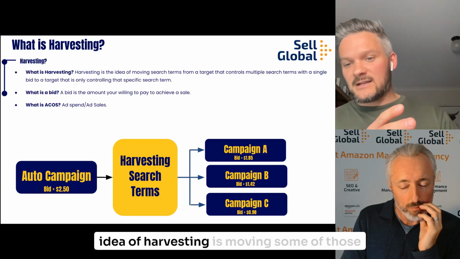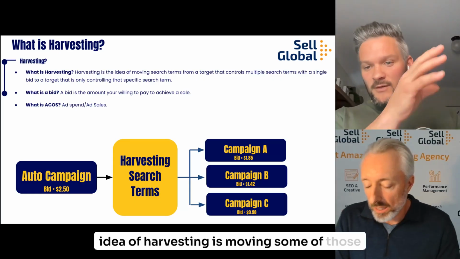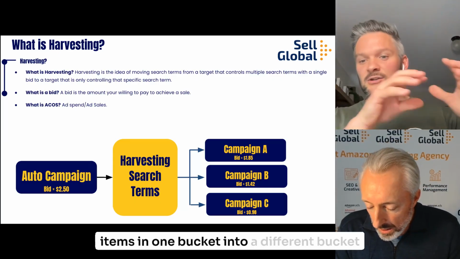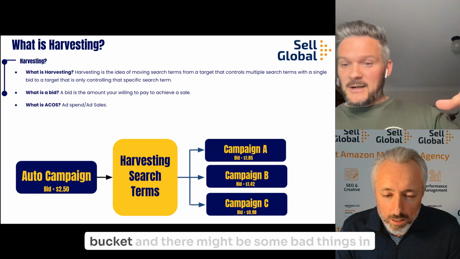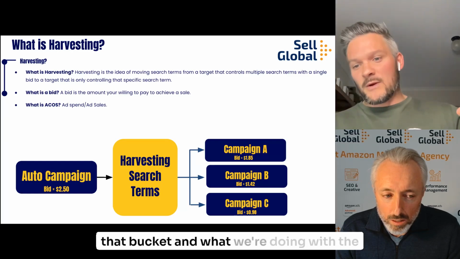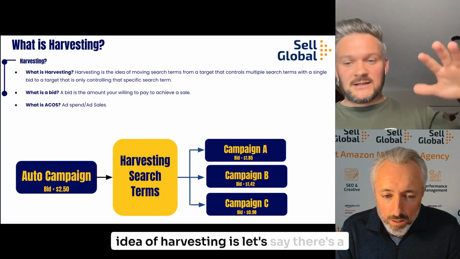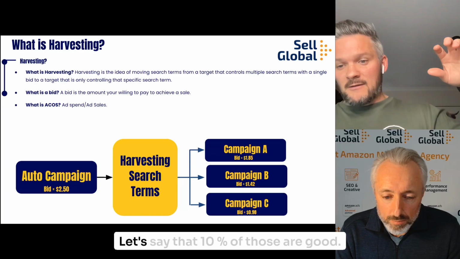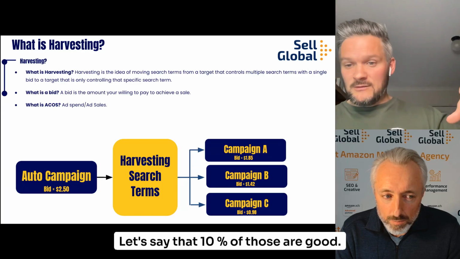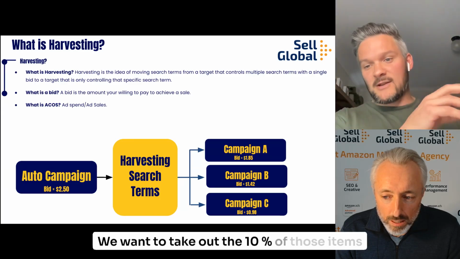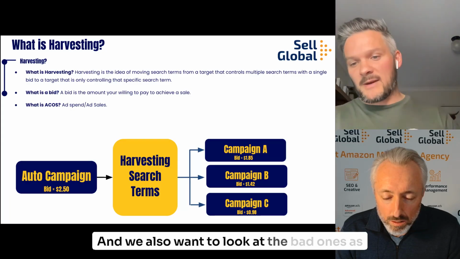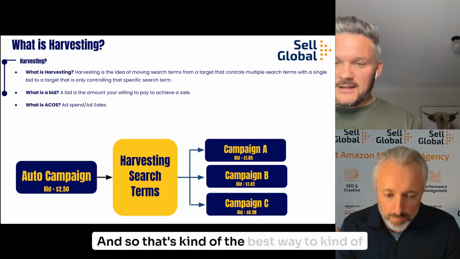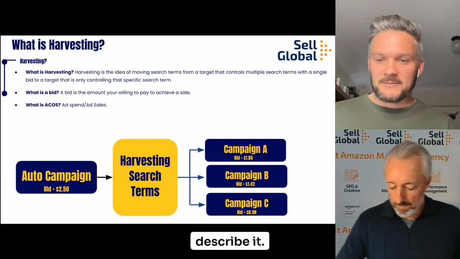And the idea of harvesting is moving some of those items in one bucket into a different bucket. There might be some good things and some bad things in that bucket. Let's say there's 1,000 items in that bucket and 10% of those are good. We want to take out the 10% that are good and move them into a different bucket. And we also want to look at the bad ones as well. That's the best way to describe it.